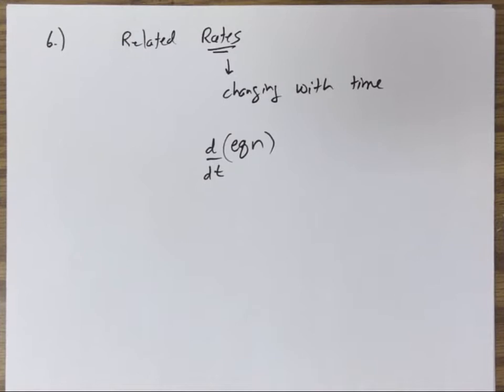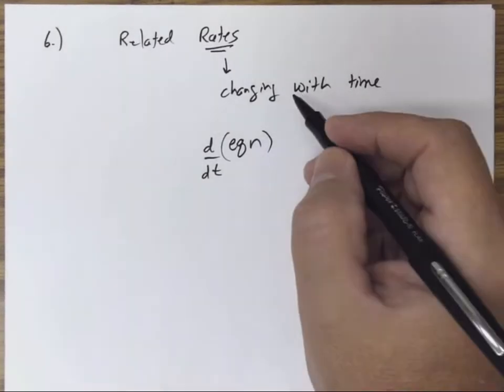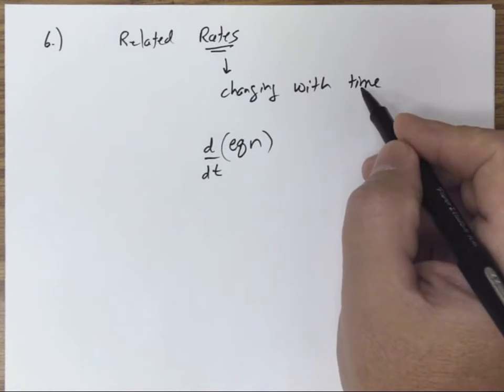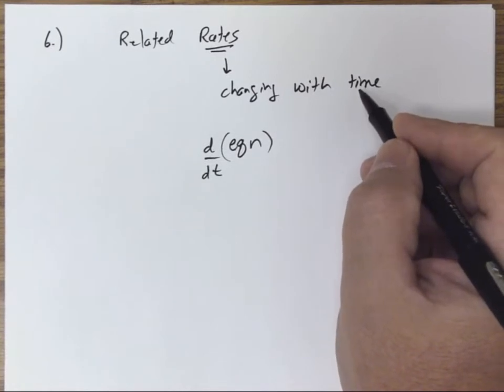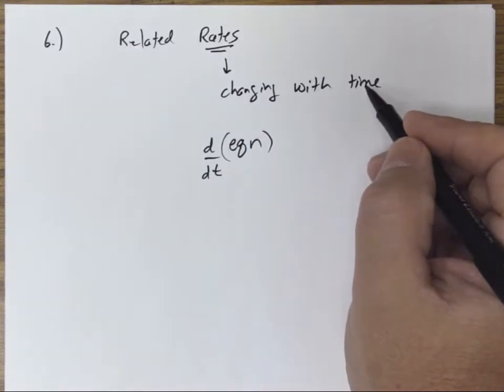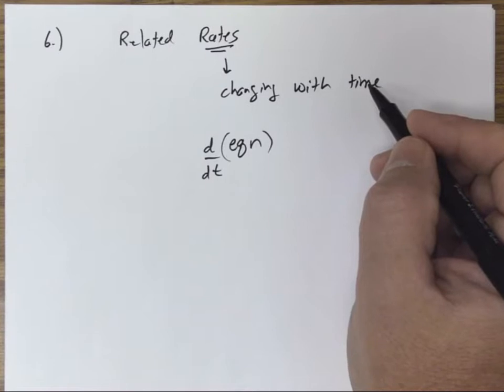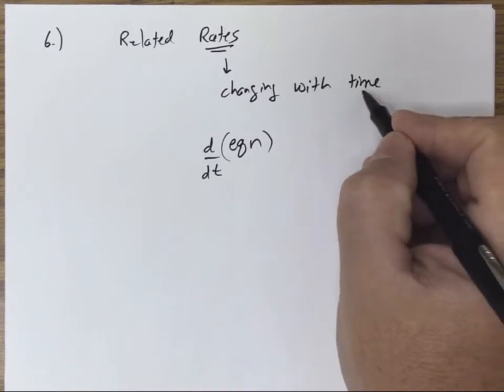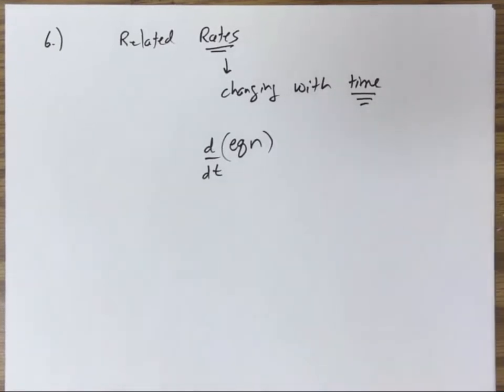But related rates, the whole idea is now we're talking about things changing with time. That's what rate means. The rate of something growing, the rate of something shrinking, the rate at which units are being produced, the rate at which money is being spent. It all has to do with things changing in time.